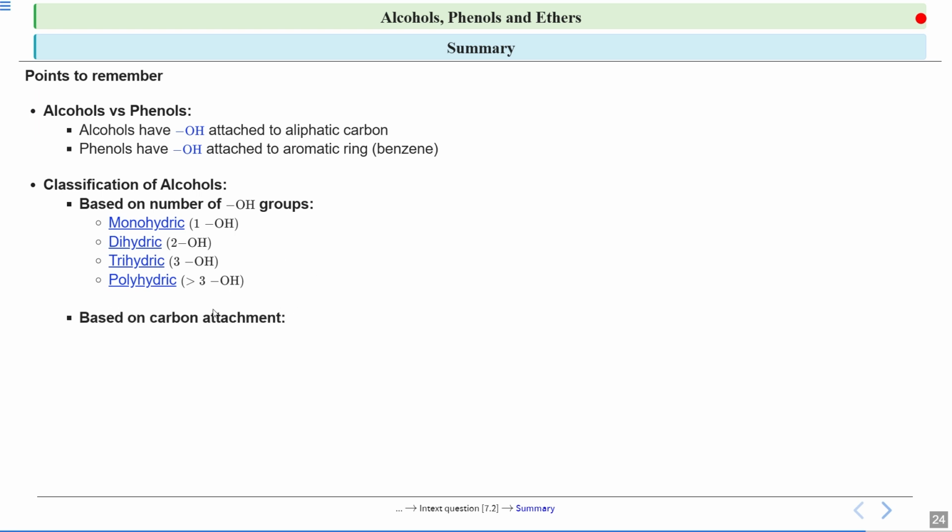The second classification is based on the carbon attached to the hydroxyl group. If the hydroxyl group is attached to a primary carbon, it is a primary alcohol. If attached to a secondary carbon, it is a secondary alcohol. And if attached to a tertiary carbon, it is a tertiary alcohol. So based on carbon attachment, alcohols are classified as primary, secondary, and tertiary.